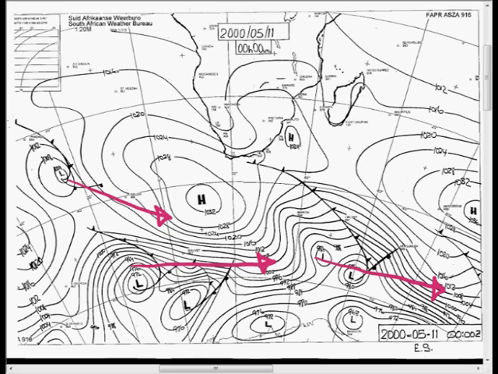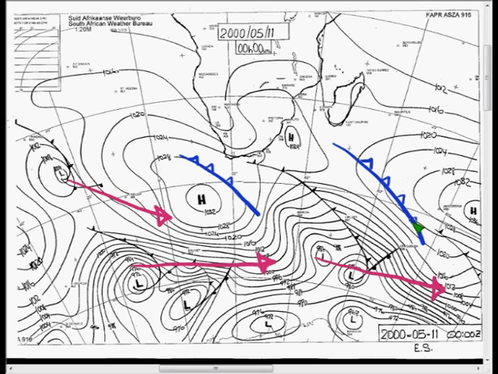So that means that in terms of South African weather, the front is going to come in. A few days ago it would have been here, and it would have had some influence on Cape Town's weather as it went past, and perhaps tomorrow, because of this high pressure here, it's going to go off in this direction.